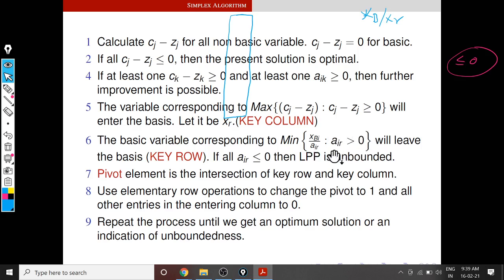The basic variable corresponding to the minimum of XB by Xr, where Xr is positive, leaves the basis. That is why we use this. Then you take the minimum, and that row leaves the basis. And there is one more condition: if all the entries in the entering column are negative, then the LPP is unbounded. These are very important.